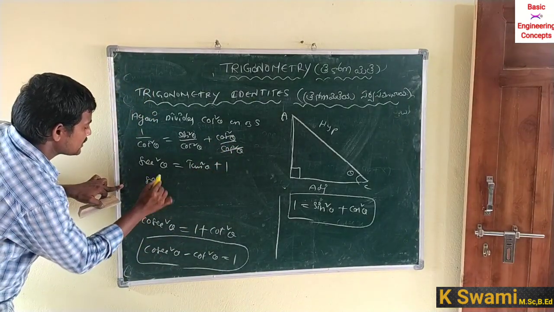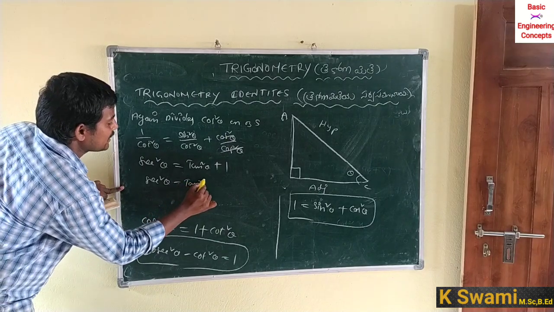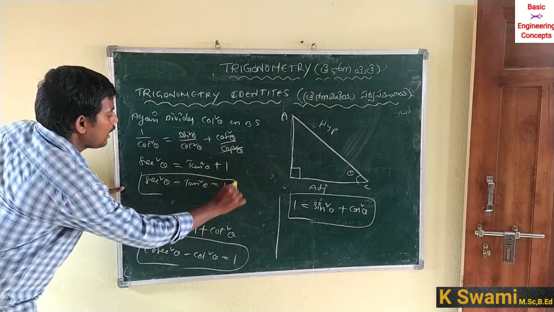Finally, secant square theta minus tan square theta is equal to 1 is the other identity of trigonometry.